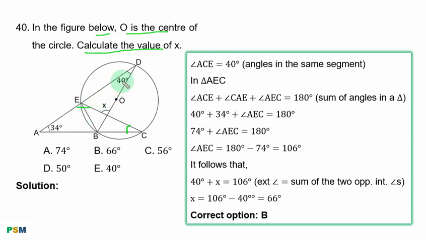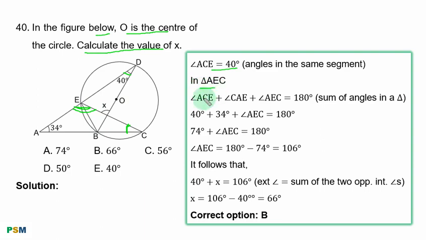If you add 40 degrees to S, the sum is equal to this angle. This angle ACE is equal to 40 degrees. This angle, angles in the same segment. This angle is known. We get this angle by considering triangle AEC.